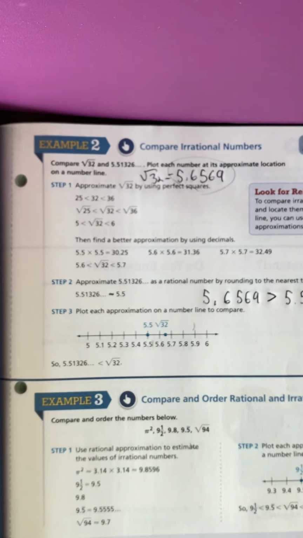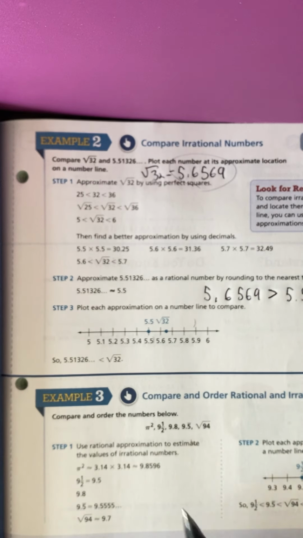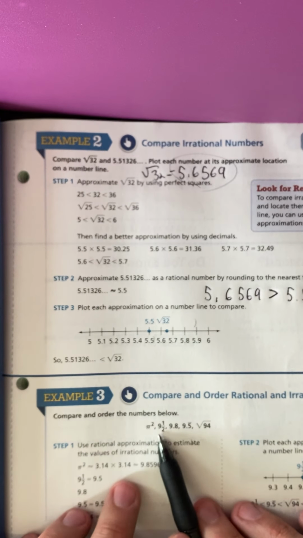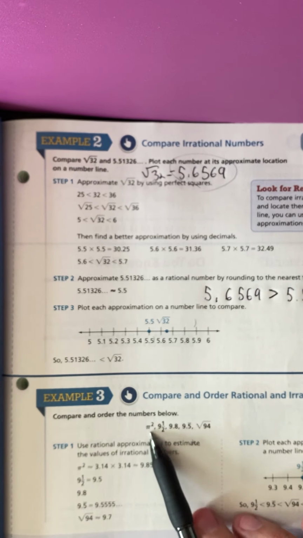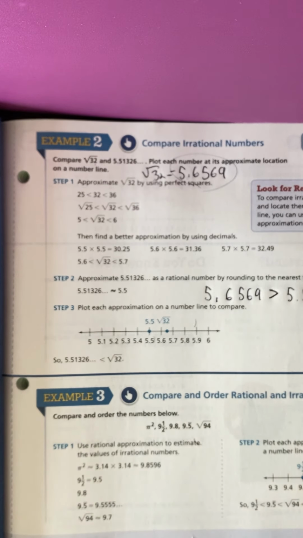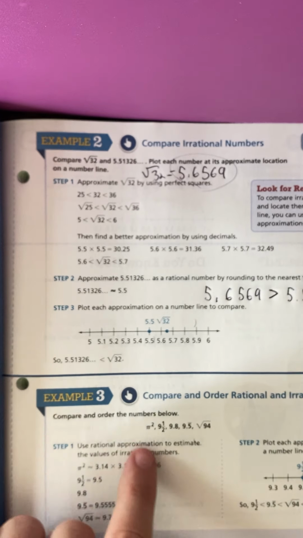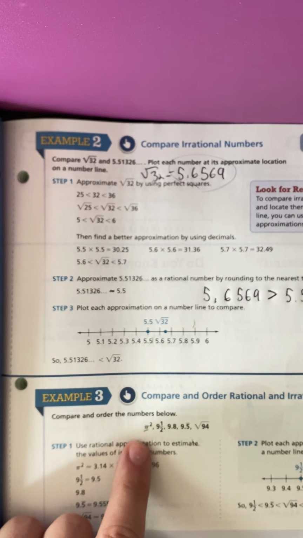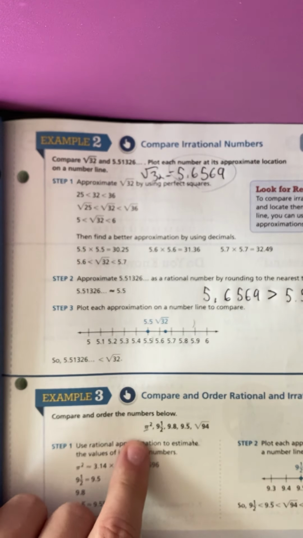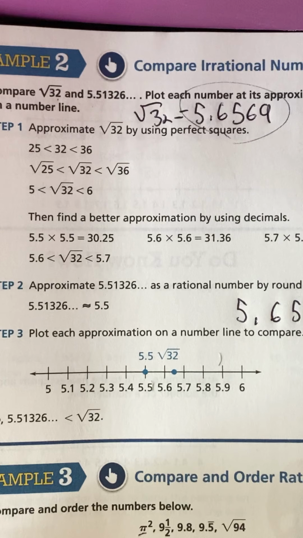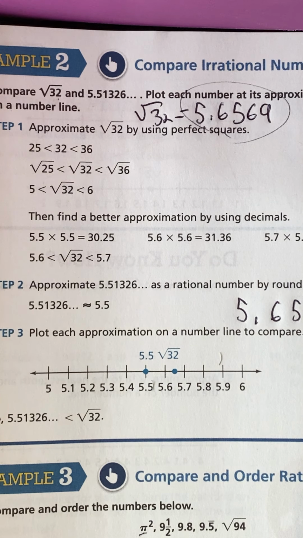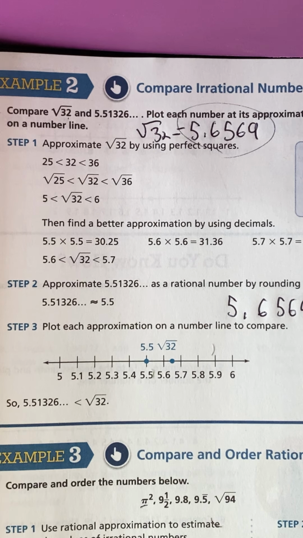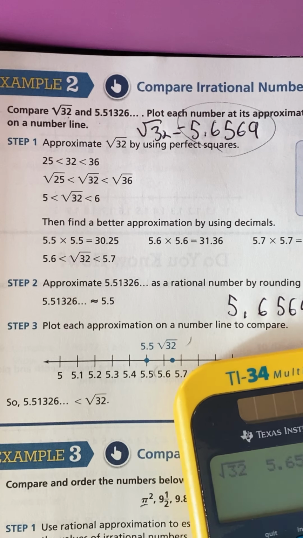All right, coming down here, a lot of us get confused when we see comparing these numbers. We have a group of numbers here. They have to be in the same form, just like the one we just did, in order to compare them. So, what does this sign right here mean? Okay, yeah, that just means pi. So when we put this in our calculator, 3.14 is pi.